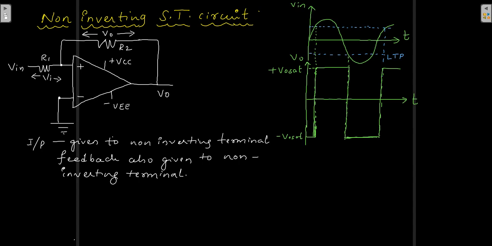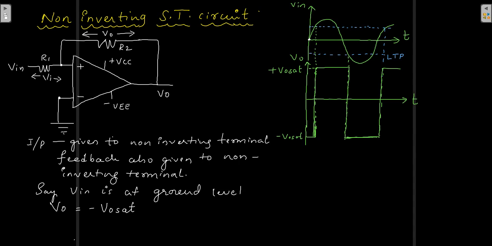Now let us start with the assumption. The input voltage is at ground level, that is the first point. Say V in is at ground level and your V0 is at minus V0 sat.